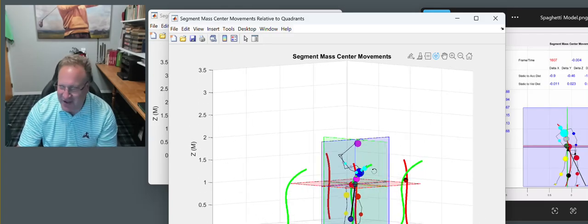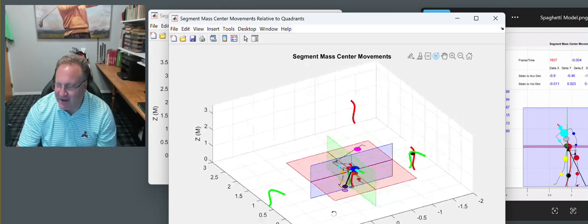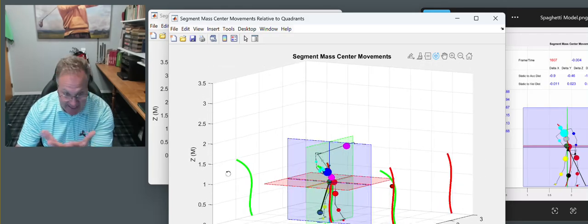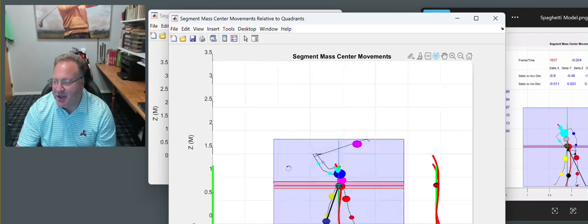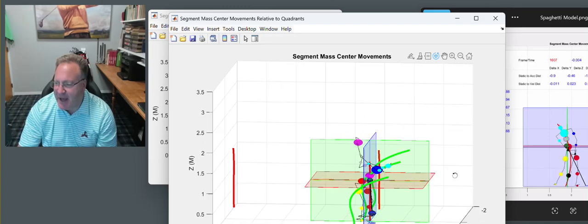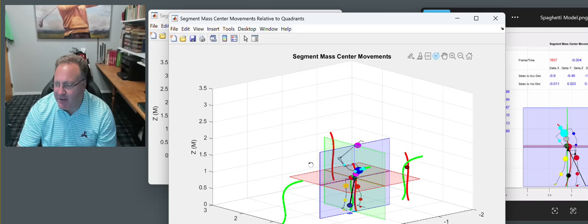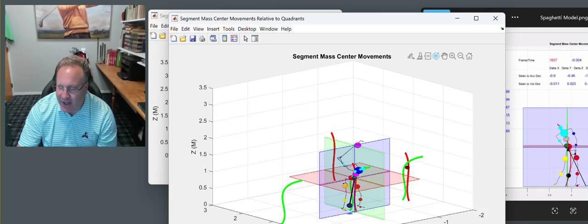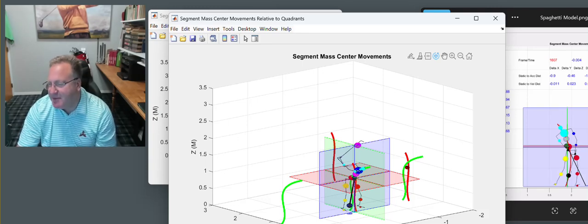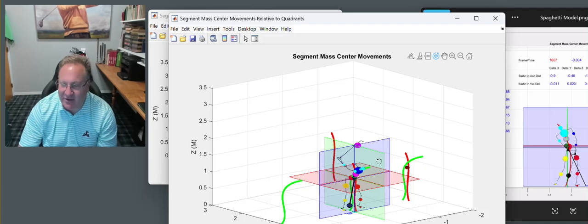You've got to get used to seeing our graphics to appreciate what exactly it looks like. But what you're going to notice is, at the top of his backswing with his wedge, there's the center of mass of the club. If you look closely, you can see all the different segments of the body: lower leg, upper leg, feet, pelvis, abdomen, chest, neck, head, upper arm.